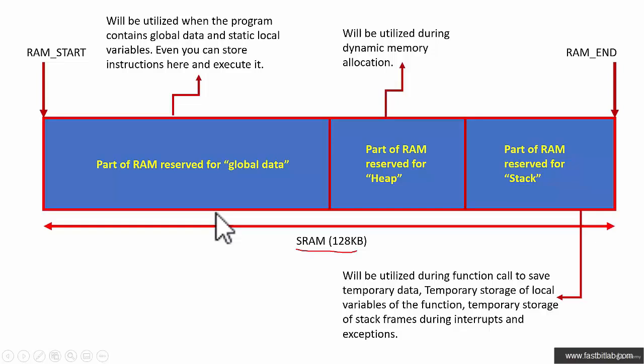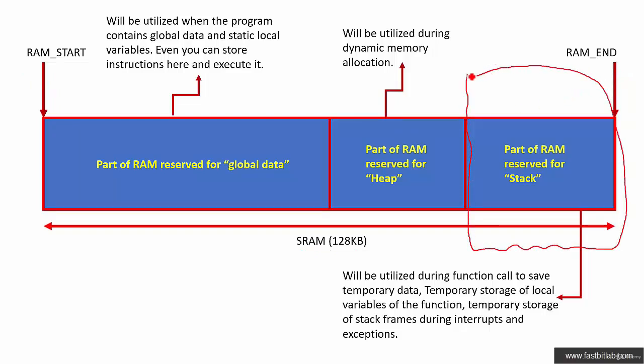In this figure, you can see that the RAM is divided into three parts. If we consider this as the start of RAM and this as the end of RAM, this part is reserved for stack memory.